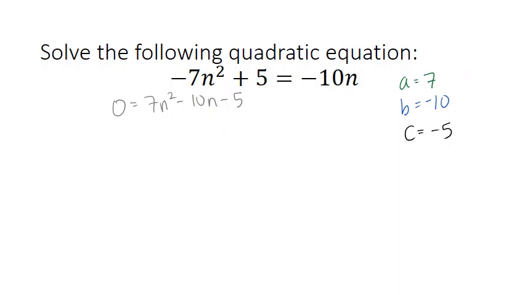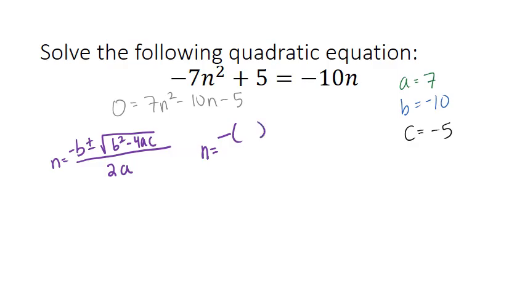Now we need to use the quadratic formula. The quadratic formula is n equals negative b plus or minus the square root of b squared minus 4ac all over 2a. So what we need to do is plug into the different components. So n equals negative b.